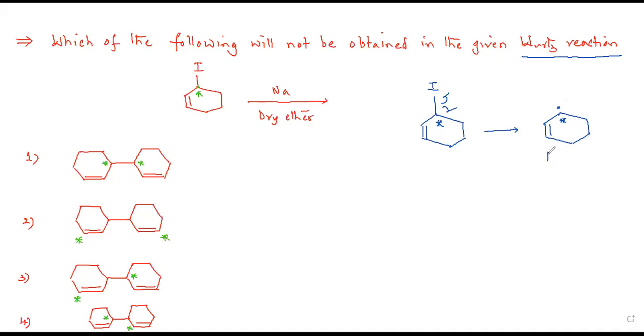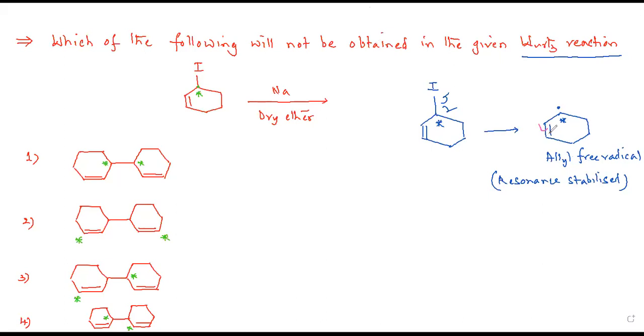Now this is an allyl free radical. See, allyl free radical is of course resonance stabilized. Let's see the other resonance form of this.